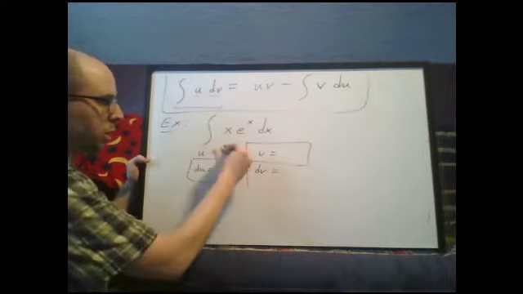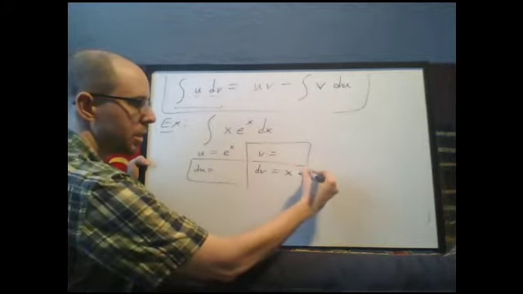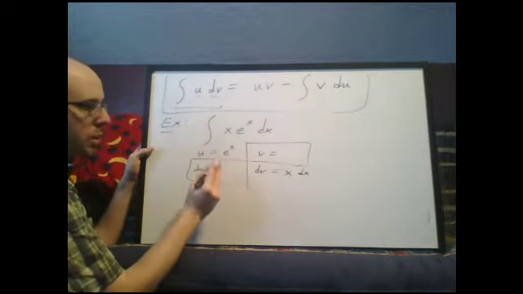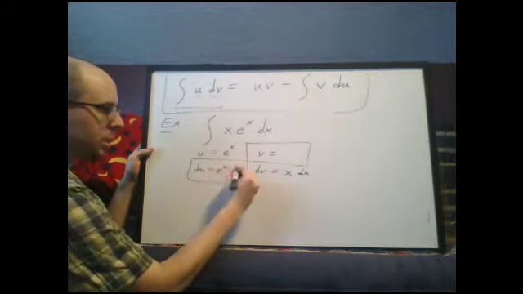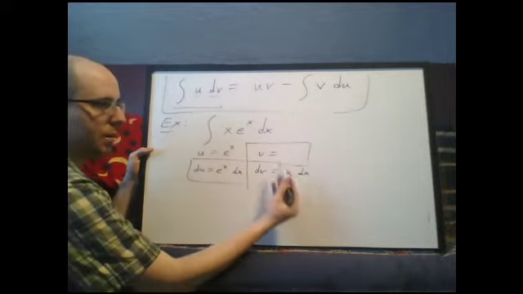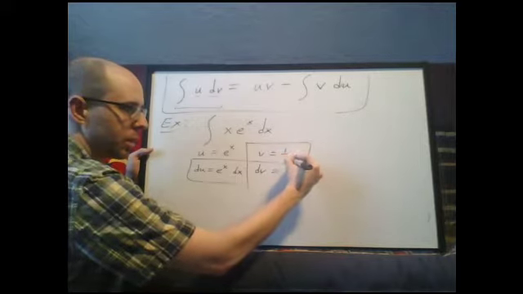Let's make u e to the x and dv x dx. The dx has to be part of dv, like I said. Well, then du is the derivative of e to the x, which is e to the x. Stick on a dx with it. If dv is x, v would be the antiderivative of x, which is 1/2 x squared.